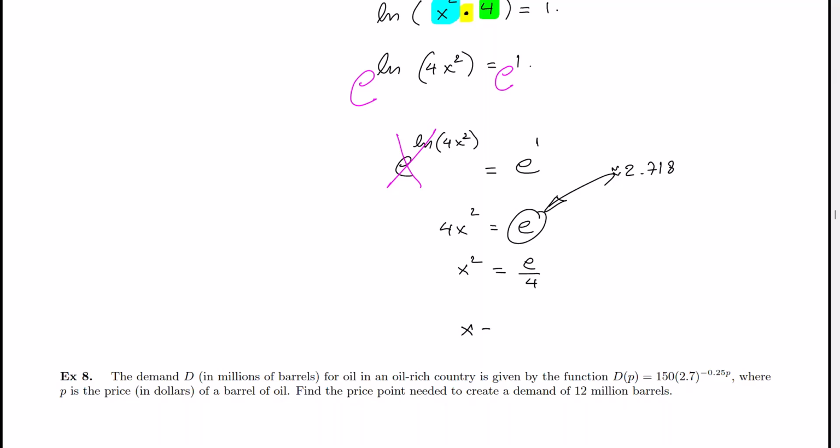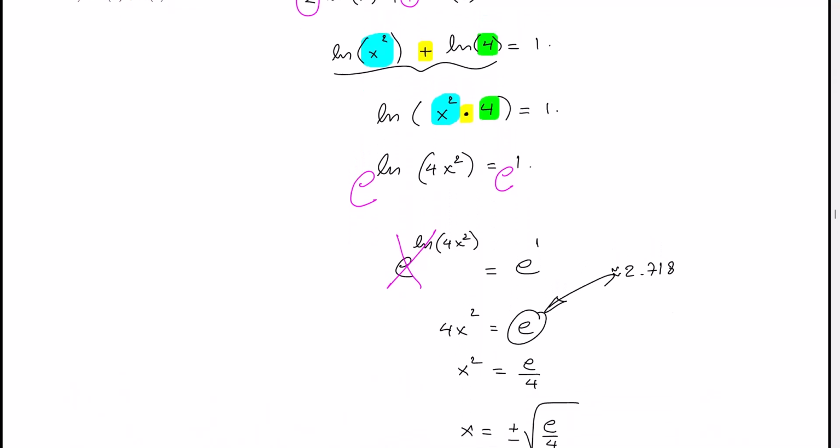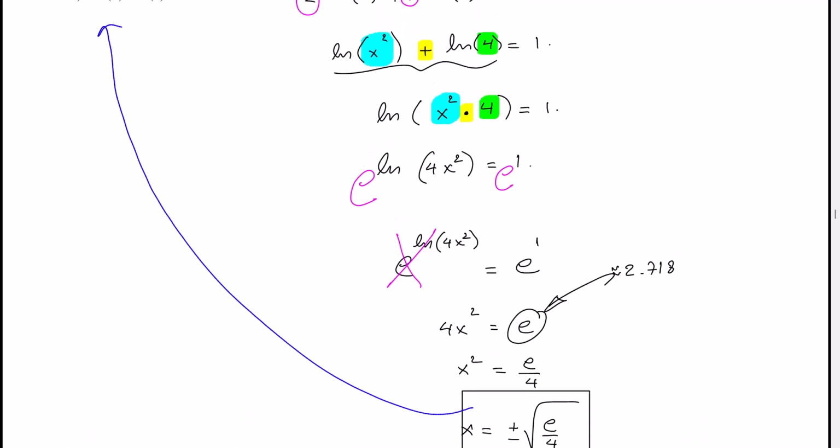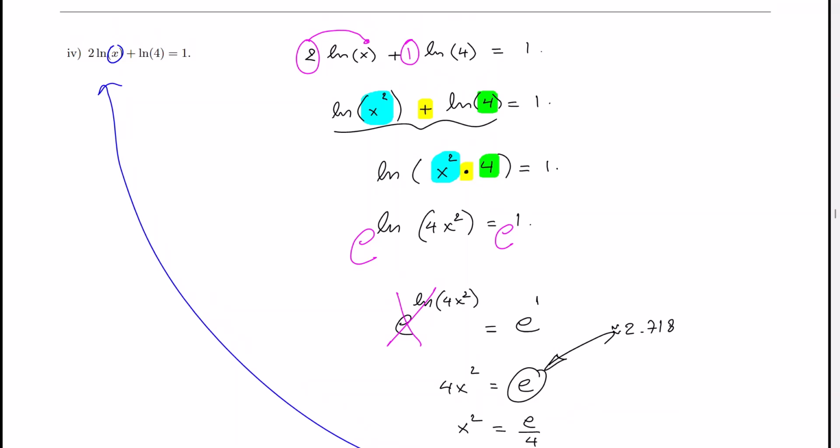And if I want x itself, I would have to square root both sides. But keep in mind that you need a plus or minus whenever you square root a quantity like this. Now, is it possible to have both plus and minus as the final answer? That's the question. So let's go back to the original problem. The original problem had ln of x, and ln is a logarithm function, which means it cannot accept a negative solution.